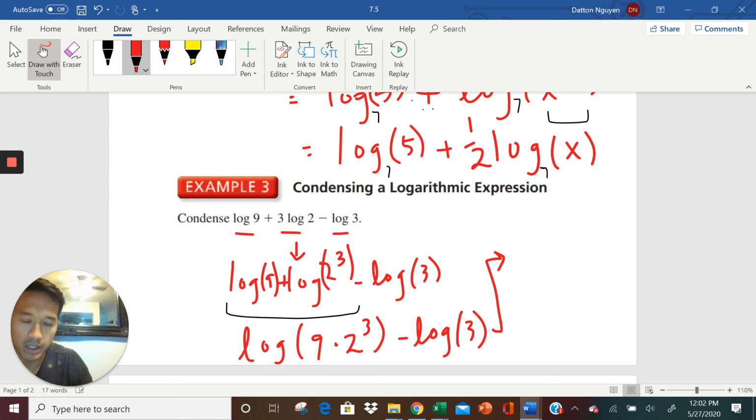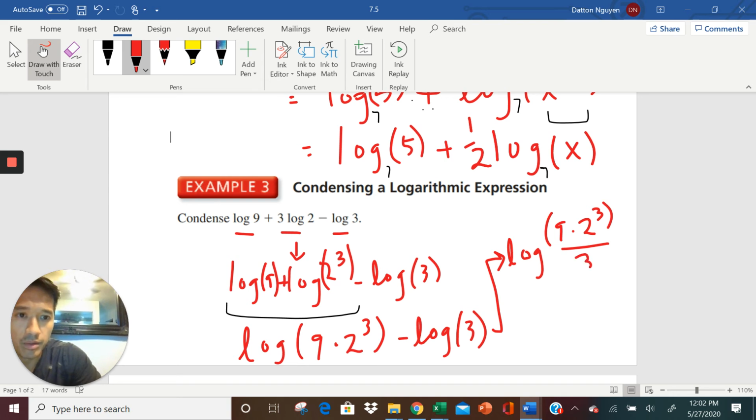Now down to my final step. There's a minus sign now. This was plus, so I go to multiplication. This is minus, we're going to do division. So now it's going to be log of 9 times 2 to the third power divided by 3.